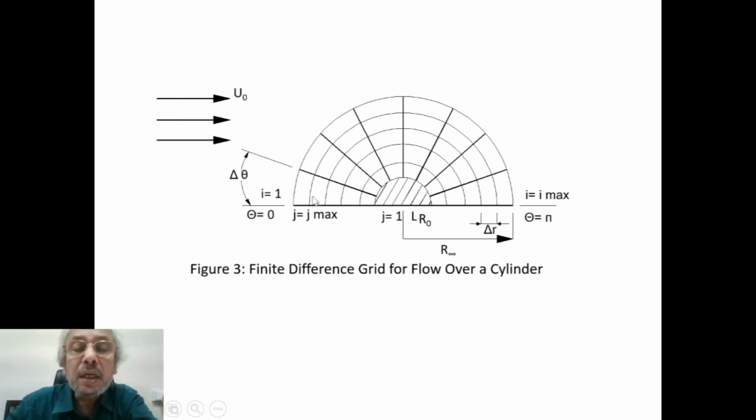Theta will vary from i equal to 1 to i max. R will vary from j equal to 1 to j max. Theta will vary from i equal to 1 to i max.